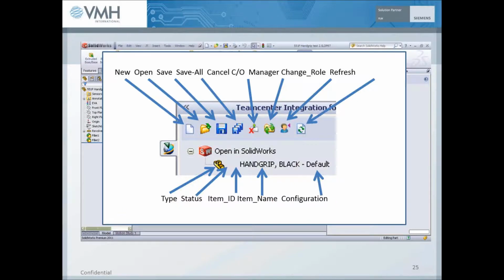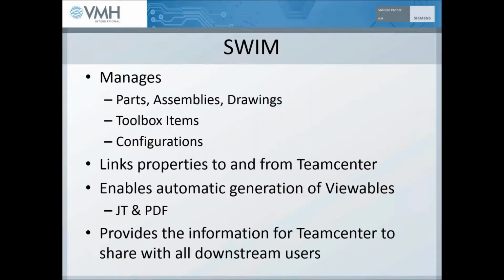They can give you your type, your status, and then when you save in SolidWorks, it also gives you a Teamcenter item number, and that is another way that Teamcenter organizes everything for you.